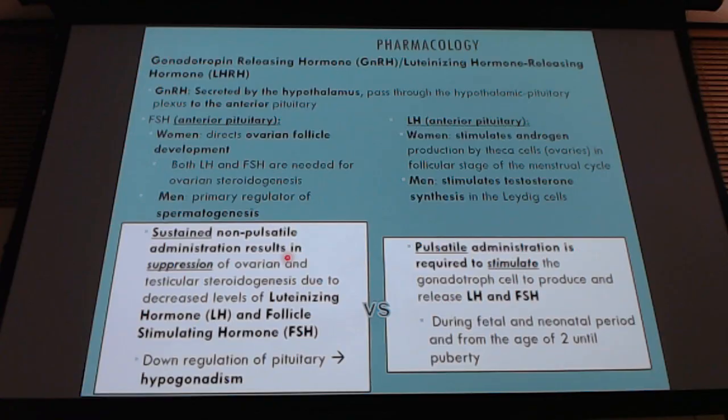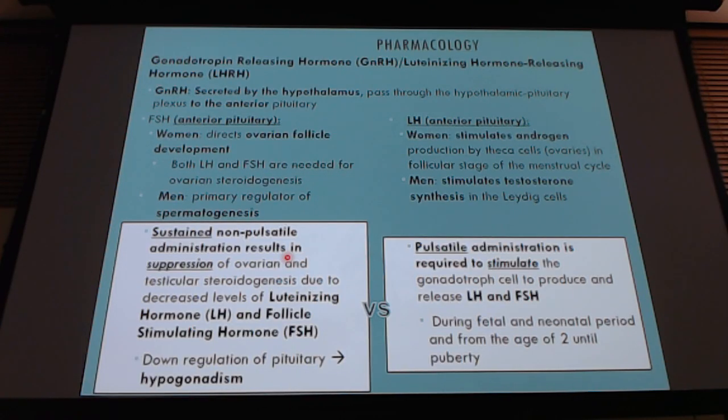Okay, so if I talk about a sustained or non-pulsatile administration, that is going to suppress. So put your S with your S, right? My sustained is going to suppress. So then I'm going to decrease the development of those follicles. I'm going to decrease the development of that sperm.